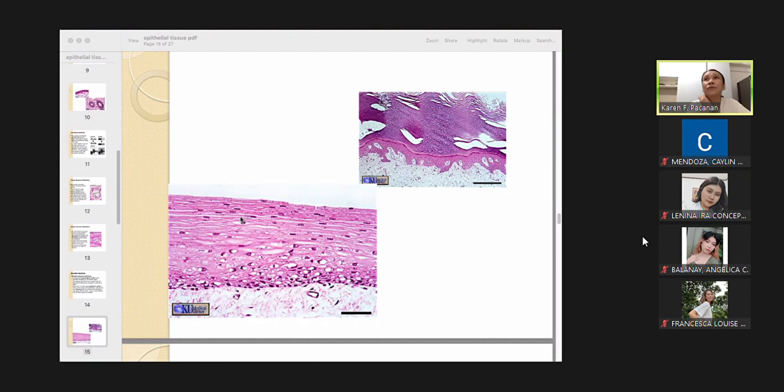Other locations would include the upper gastrointestinal tract lined with non-keratinized stratified squamous, such as the oral cavity and the esophagus. In those locations, we also call the non-keratinized stratified squamous the wet epithelium. Okay? So we have here the dry epithelium and the wet epithelium.